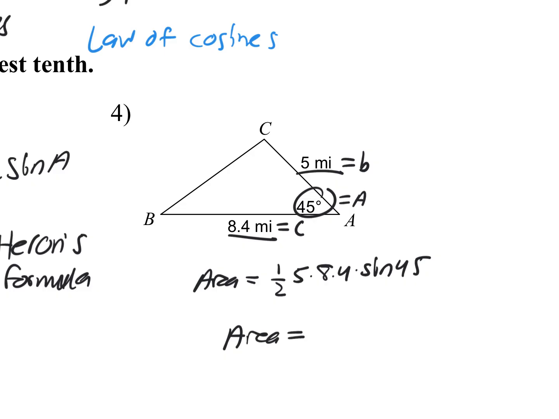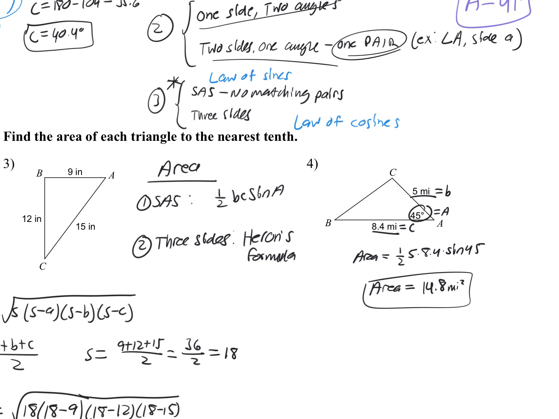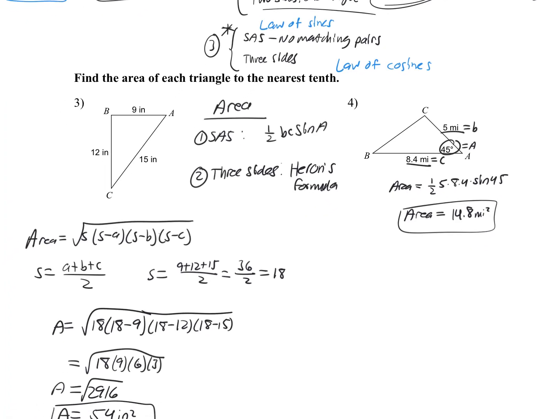So my area is going to be, to the nearest tenth, 14.8 square miles. Once again, pretty easy formula to use. The area problems are some of the easier problems that you're going to see on the test.